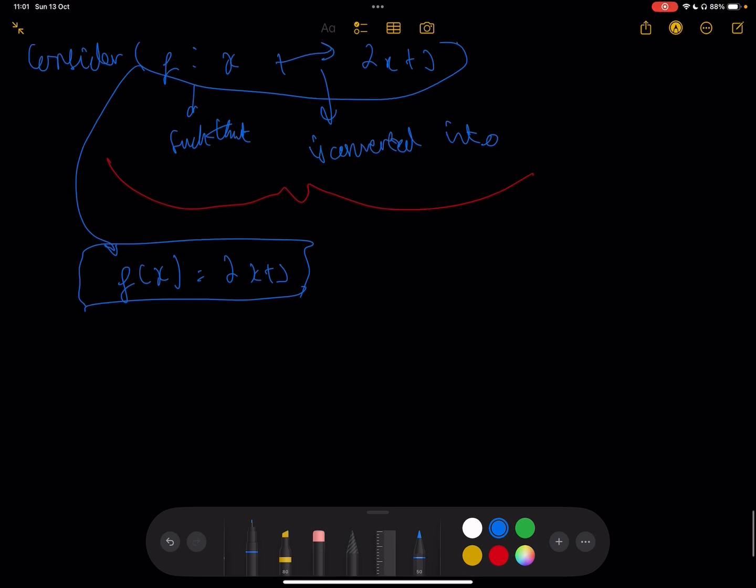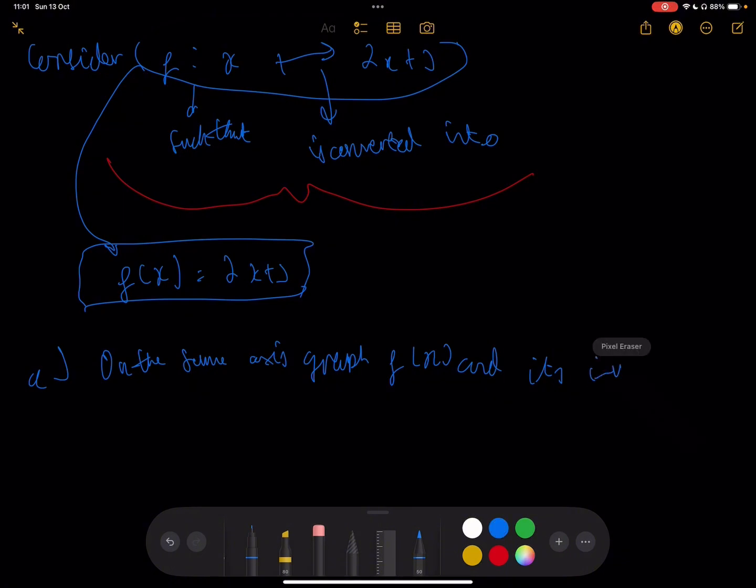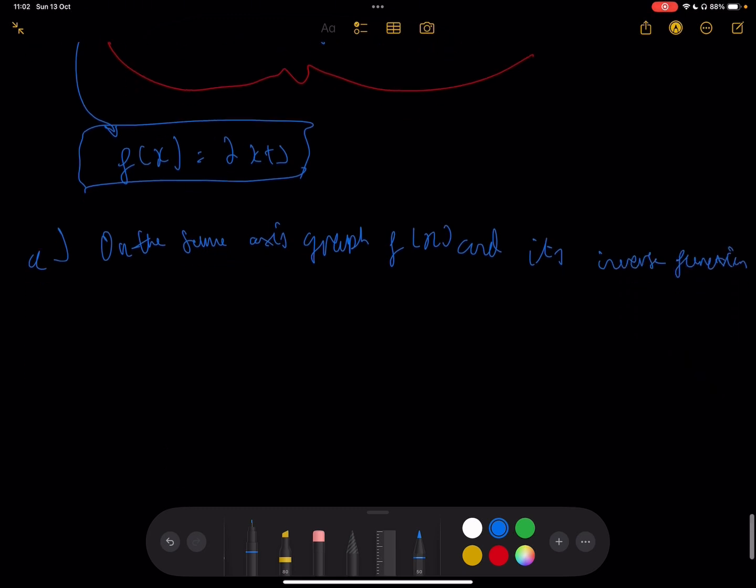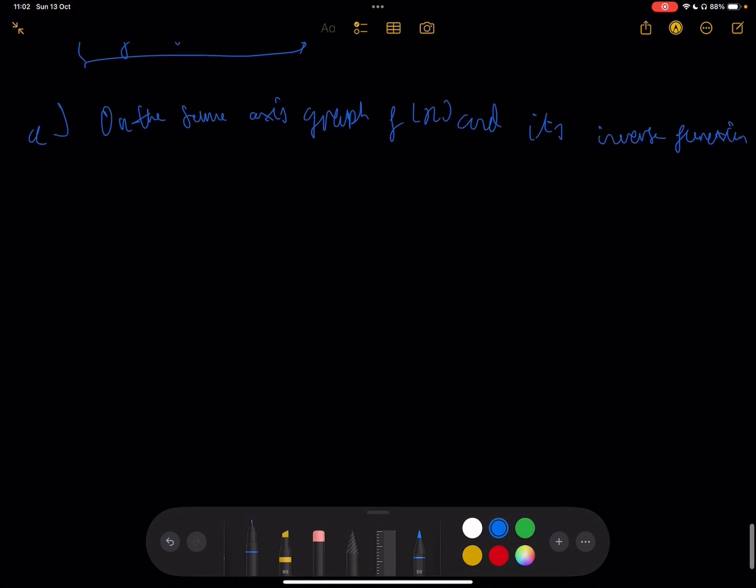So let's say part A of this question is saying, on the same axes, graph f of x and its inverse function. There's a couple of ways that you can kind of cheat when you're doing this. f of x has coordinates in the form of x, y.